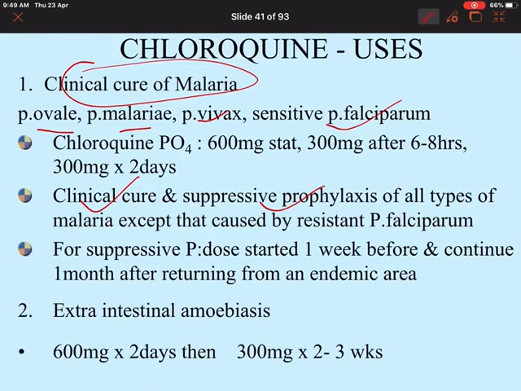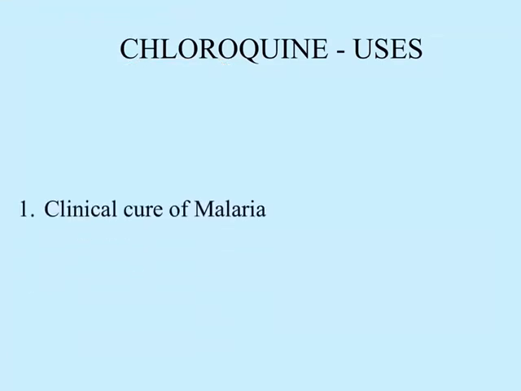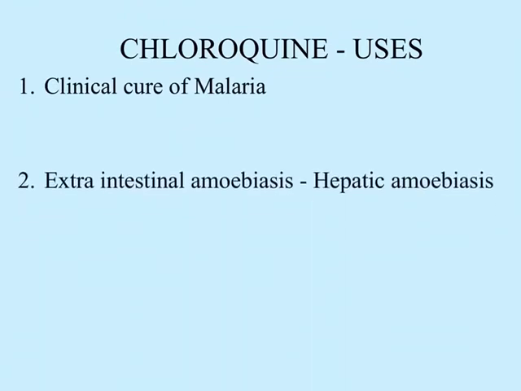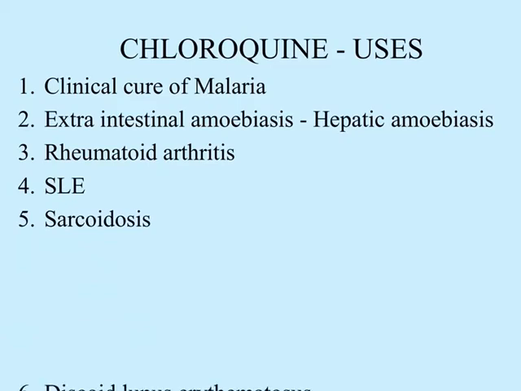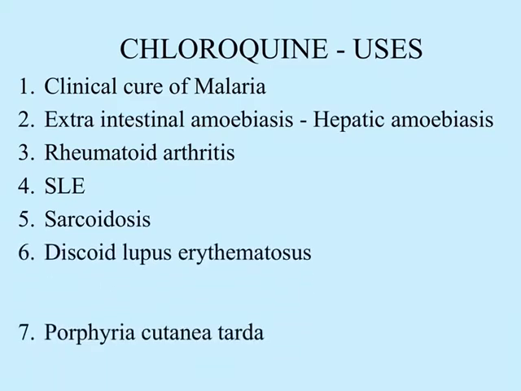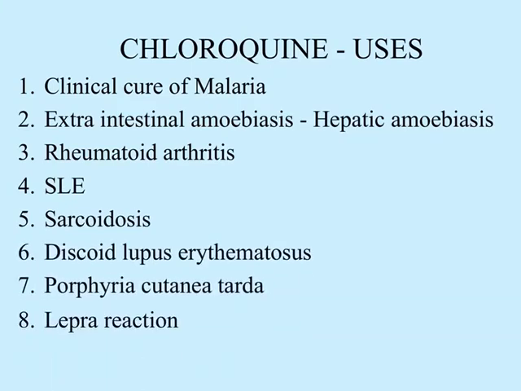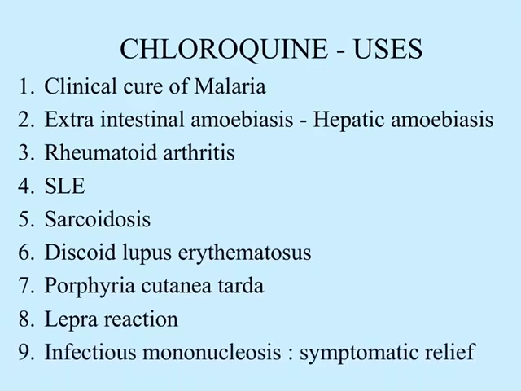We can also use it for extraintestinal amoebiasis, and in rheumatoid arthritis because of its anti-inflammatory action. In SLE, systemic lupus erythematosus, sarcoidosis, discoid lupus erythematosus, porphyria, and in lepra reaction.